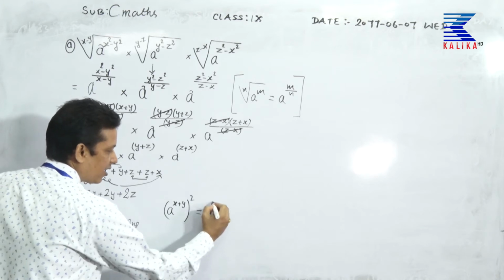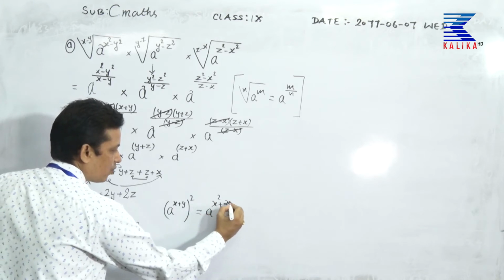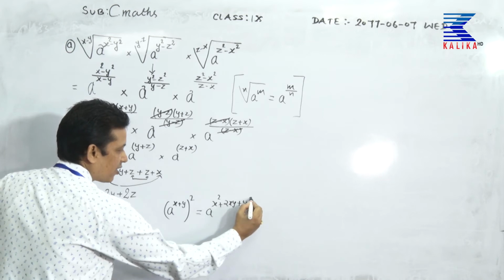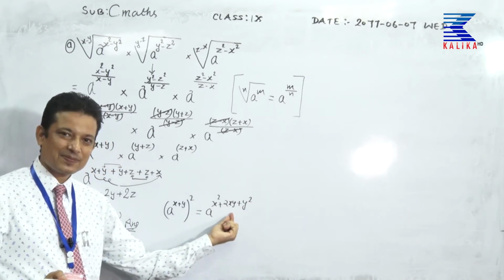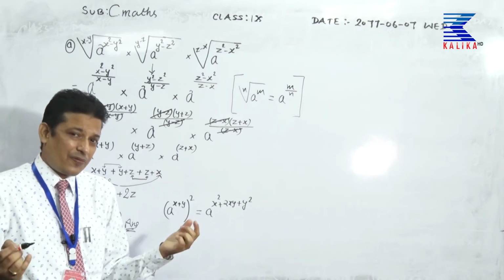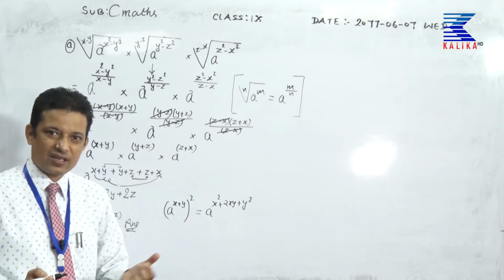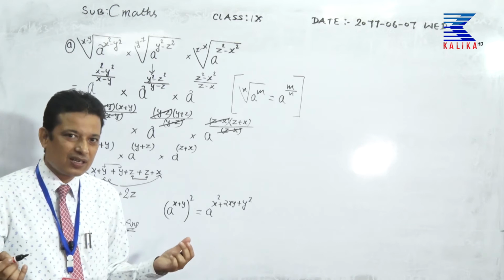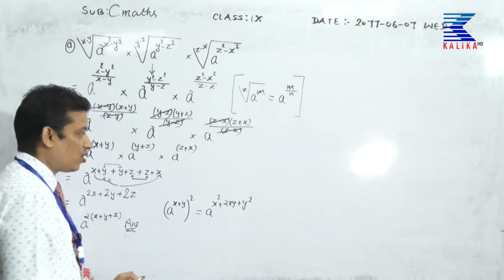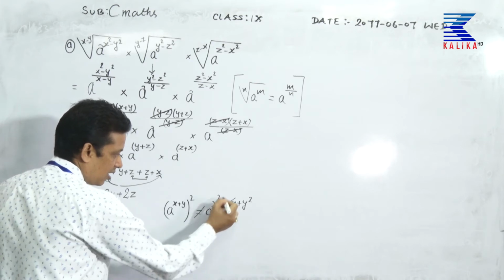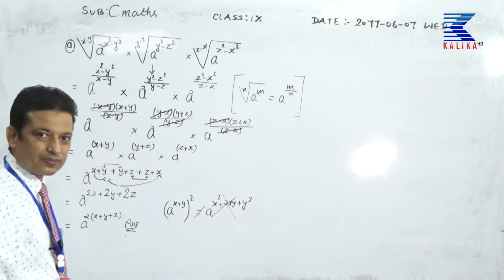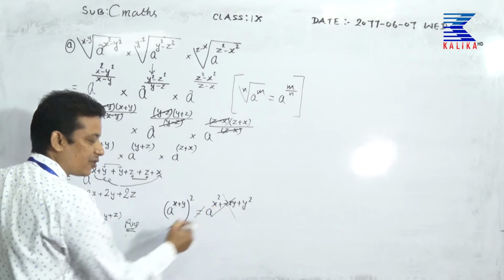Can we write it like a to the power x square plus 2xy plus y square? What are you thinking? Some of you might be thinking yes, and some of you may be thinking no. Actually, this is not the answer. We cannot expand it this way.